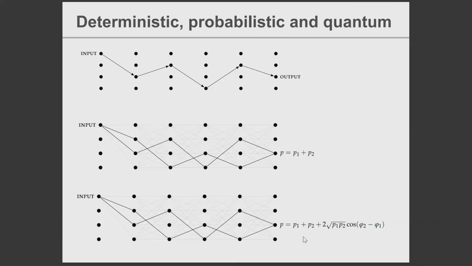And the next step along those lines is going to the quantum domain. In the quantum domain, we do exactly the same as we do in probabilistic or randomized computation, except that we don't go from one configuration to another with certain probability. We go from one configuration to another with certain probability amplitude.